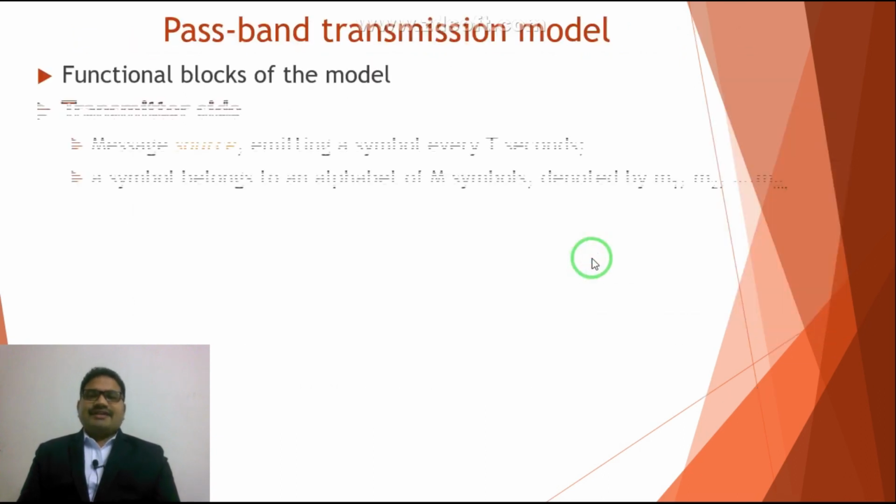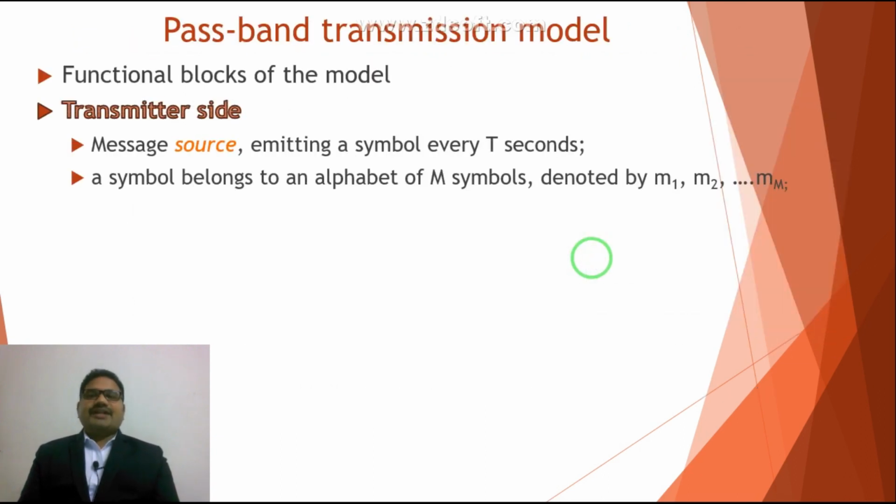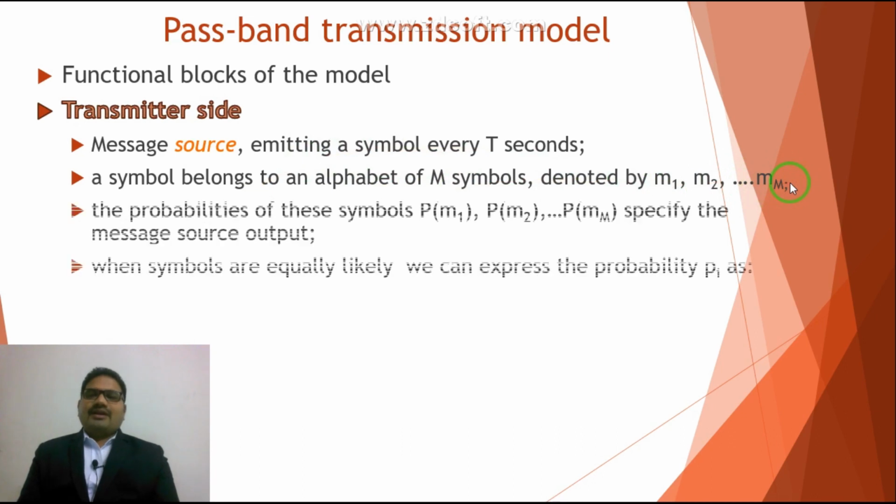First is the transmitter side, that is the message source. It is going to emit or produce a symbol every T seconds. A symbol belongs to an alphabet of M symbols, denoted by m1, m2, m3 up to mM. The probabilities of these symbols, P(m1), P(m2), P(m3), and so on, specify the message source output.